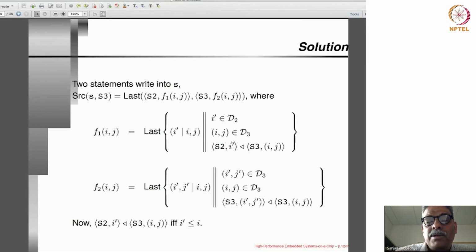Remember, the I primeth iteration of statement S2 is executed before the ith iteration of statement S3 if and only if I prime is less than or equal to I. The less than or equal to comes because statement S2 is textually before statement S3, right? So even if I prime equals I, the I primeth iteration of S2 is executed in the program execution order before the ijth iteration of statement S3.